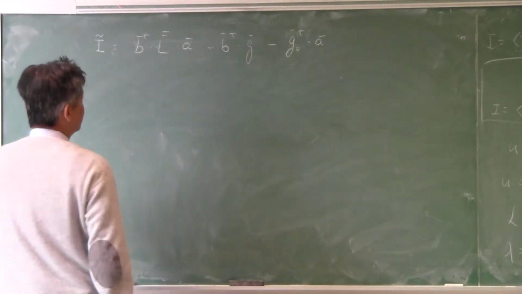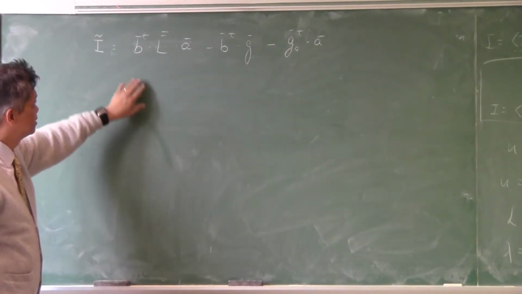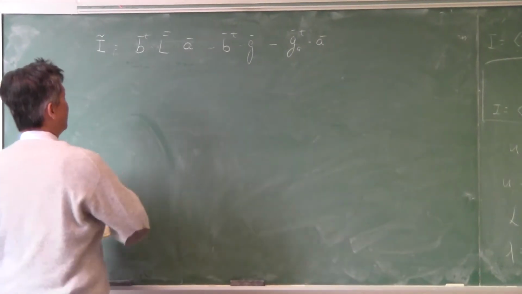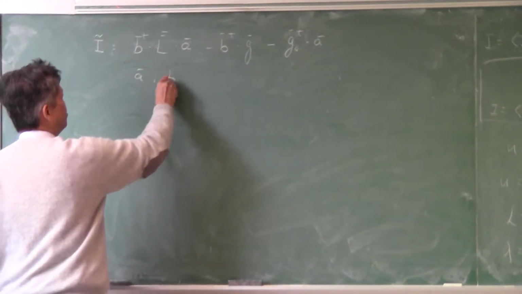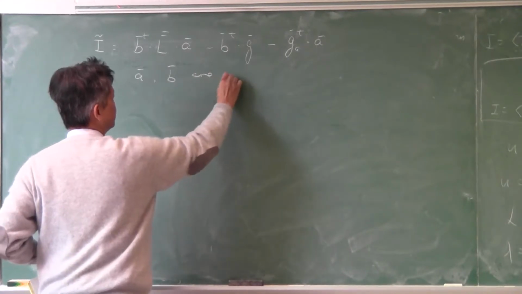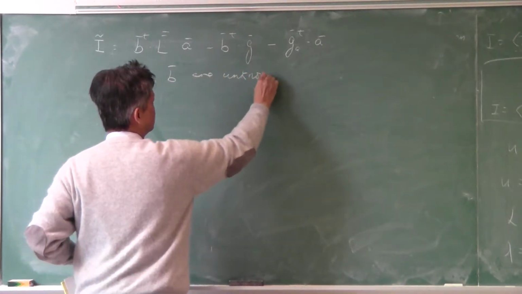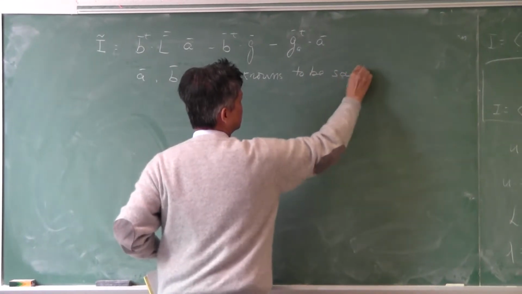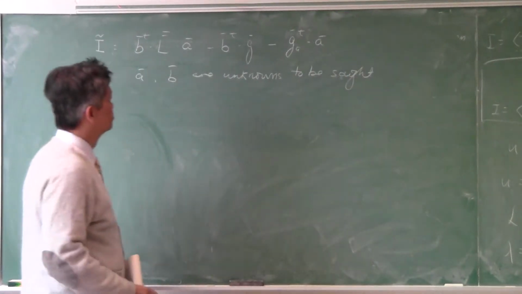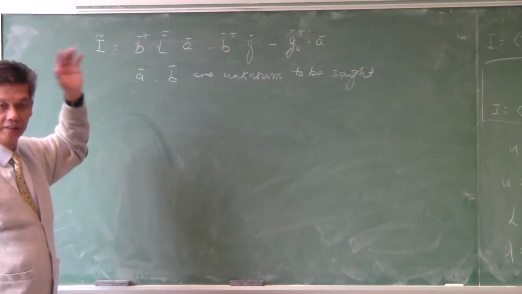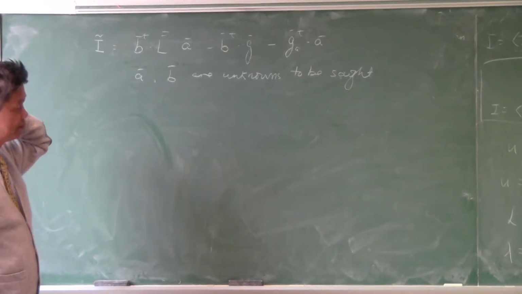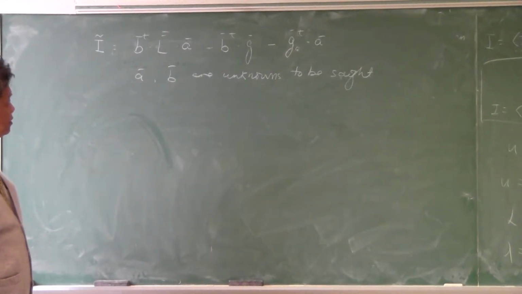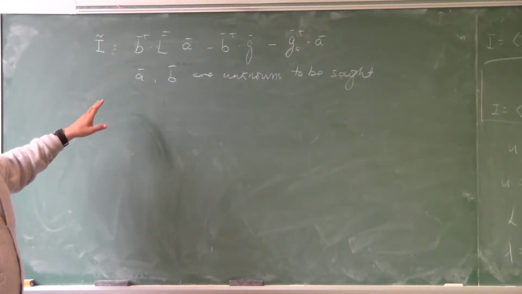And then this again is kind of quadratic because it has a product of the two unknowns. A and B are unknowns to be solved. So this is still a quadratic function now in a sense. And we can easily prove that this is also variational.